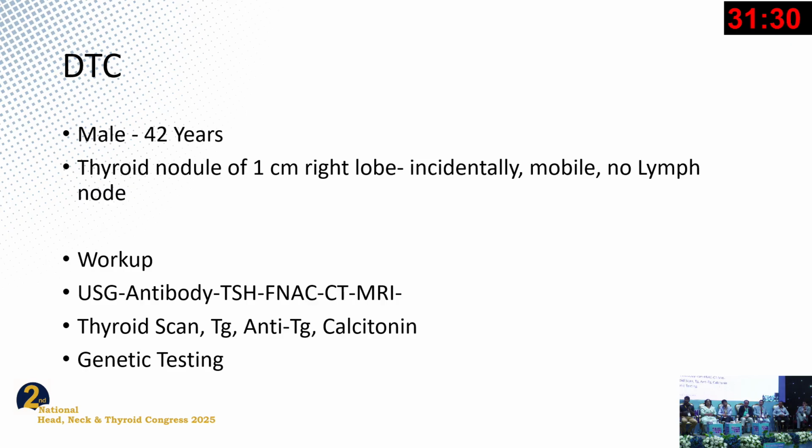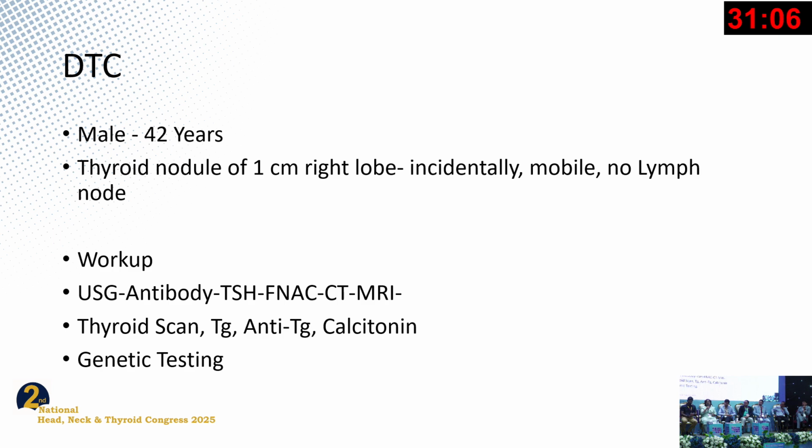Okay, thank you. Ma'am, your talk was on genetic testing. When will you recommend genetic testing? In these cases, unless you have FNAC, say Bethesda 3, or TIRADS 3 or 4, or sometimes 5, then only, and that will be molecular testing actually.